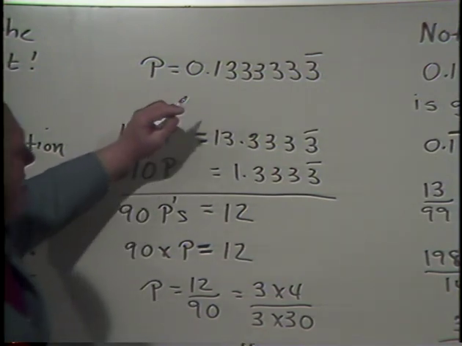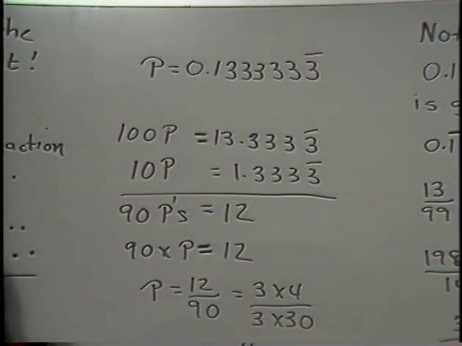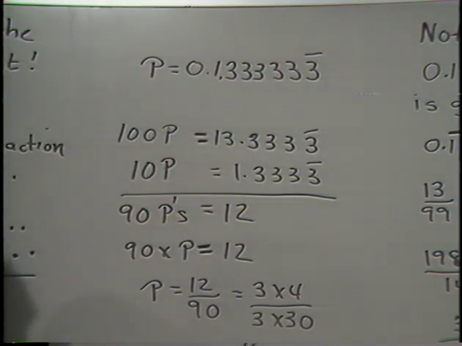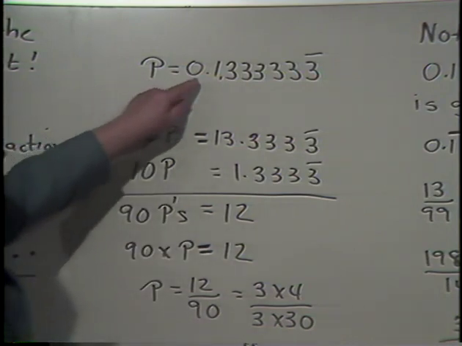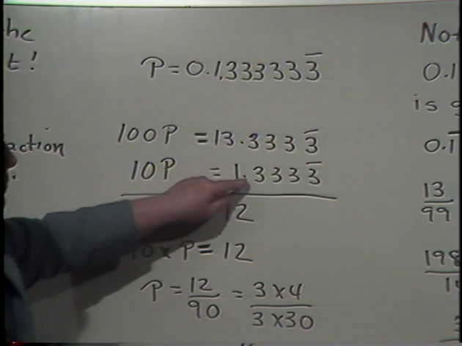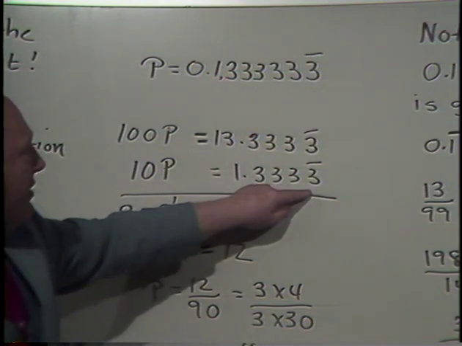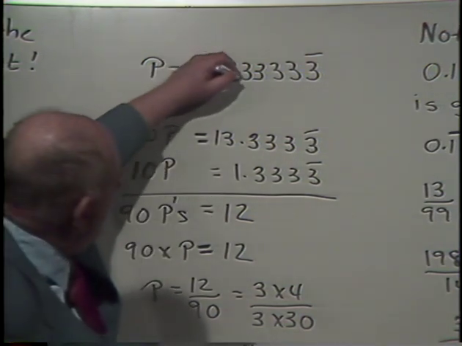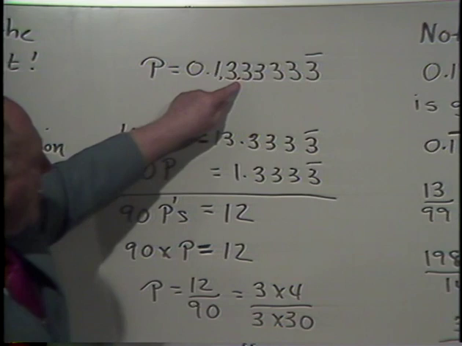Where is the first place I can put the decimal point so that all I see is the repeating cycle? I can put it after the 1. But if I put it after the 1, that's multiplying by 10. So if p is 0.13333, etc., 10 p's are 1.3333, etc. Where's the next place I can put a decimal point to have only the repeating cycle? If I moved it one more place, that means 2 places altogether.